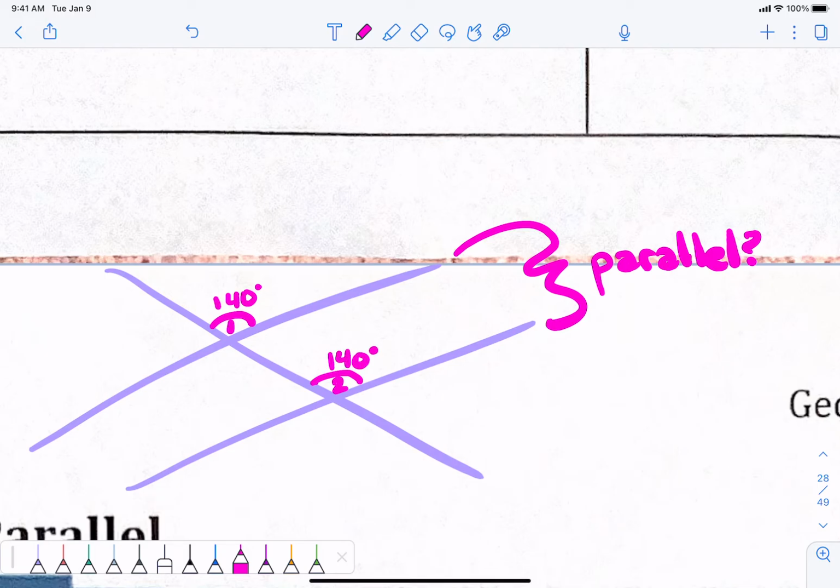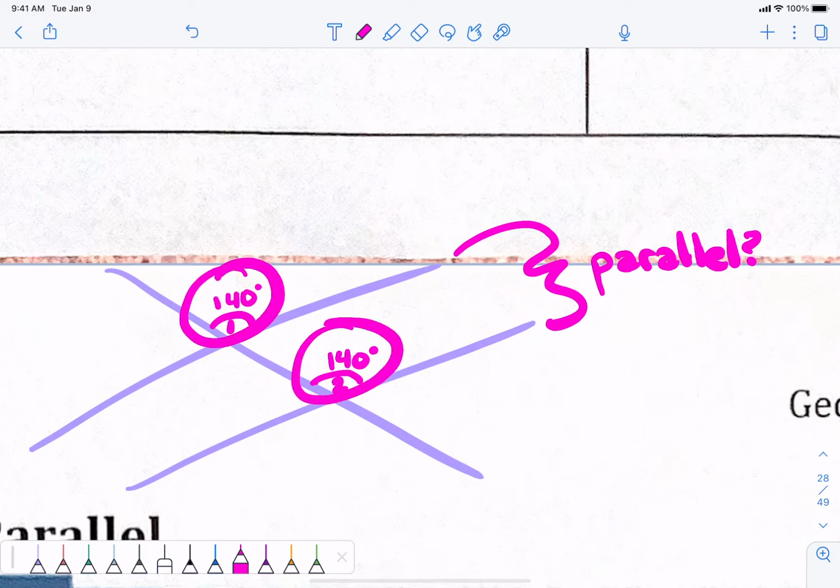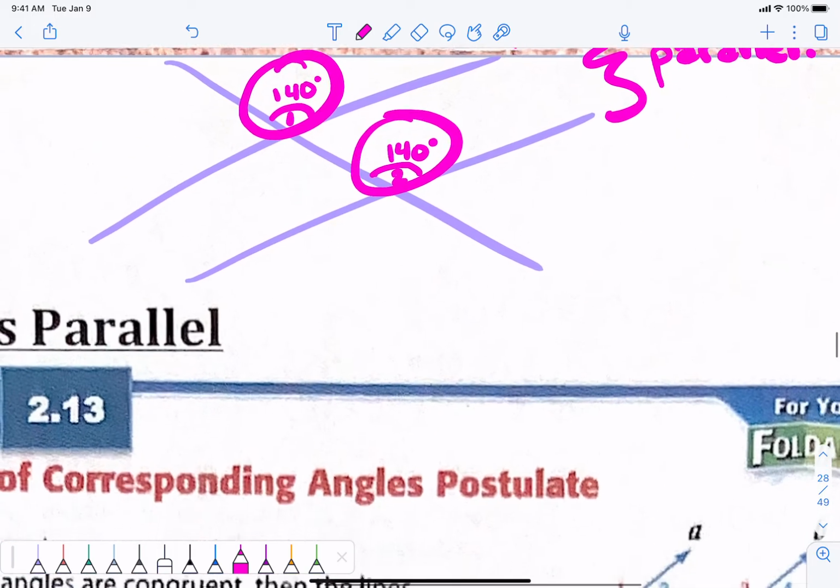Now, if they're each 140, do those 2 lines have to be parallel? Yes, right? Before we were saying, if these lines are parallel, then these 2 angles have to be the same. But now we're working backwards. We don't know necessarily that those 2 lines are parallel, but according to the angles, is that enough to say that they are parallel? It's working backwards. That's what this one is saying.